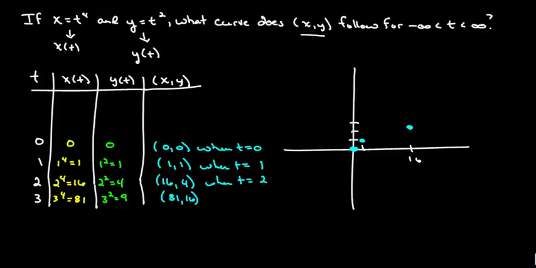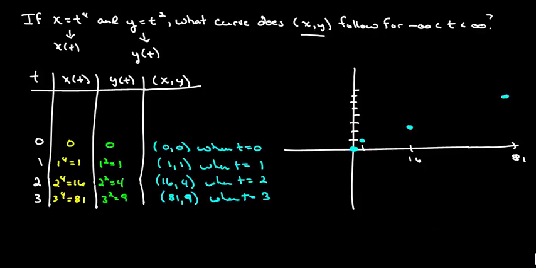So we plot this point: we go 81 out, way out here, and then 9 up. So 1, 2, 3, 4, 5, 6, 7, 8, 9, somewhere up here.